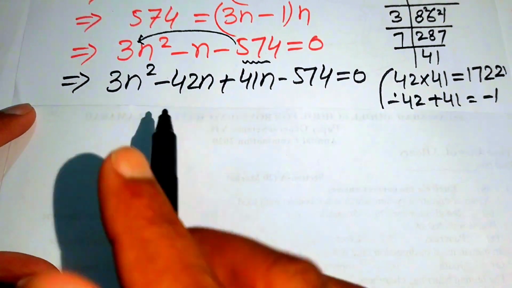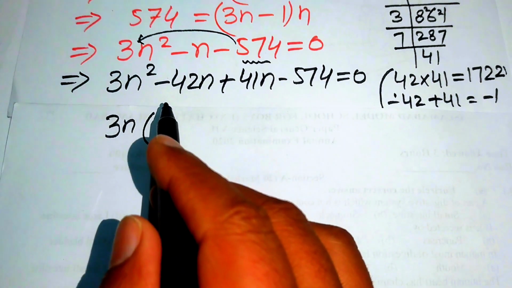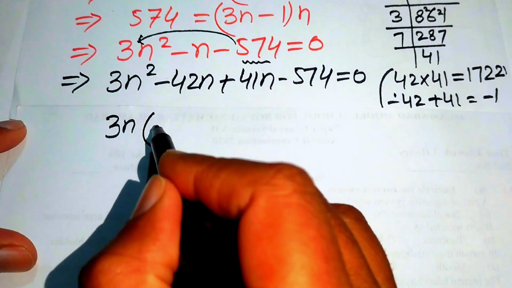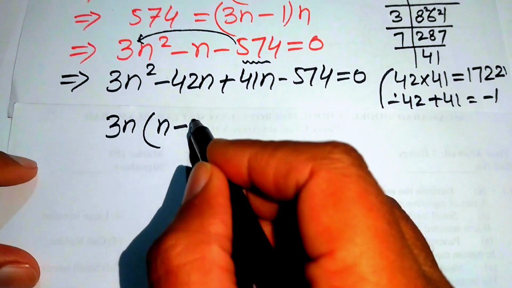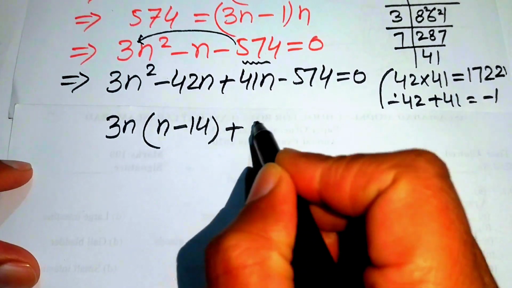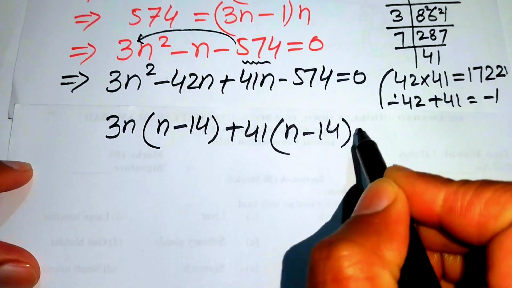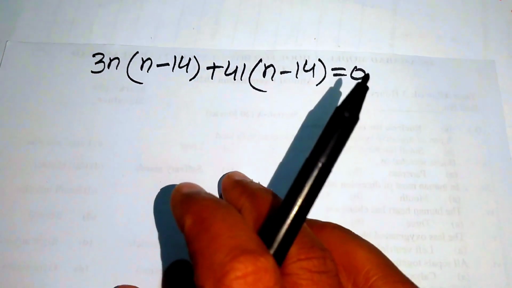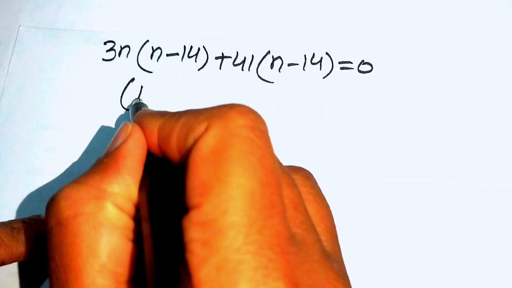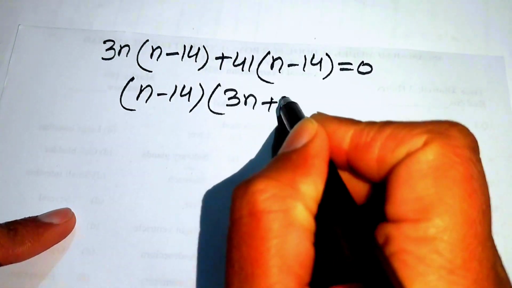And now in the next step, we take common 3n from the first two terms, and we obtain n minus 14, and here we take common plus 41, and we get n minus 14, and this whole equals to 0. So here we take common n minus 14 from both of these terms, and we get 3n plus 41.